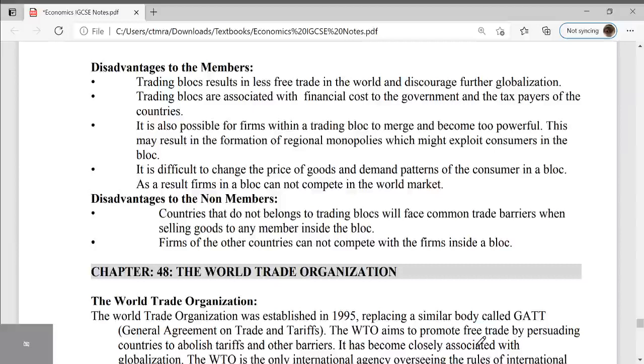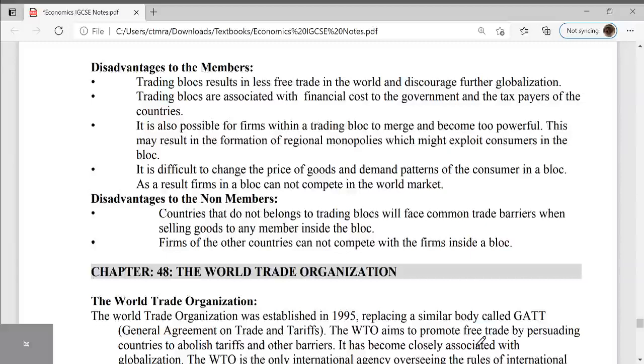Then we have disadvantage to a non-member country. Suppose, thinking about the European Union, this is a non-member country, so they're not part of it. Whenever the EU is thinking separately and trading between themselves, the non-members may also suffer. Countries that do not belong to trading blocs will face common trade barriers when selling goods to any member inside the bloc.